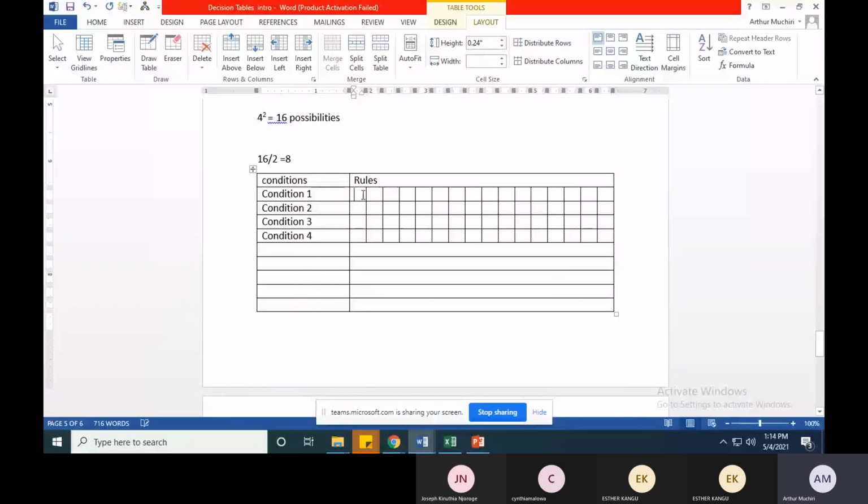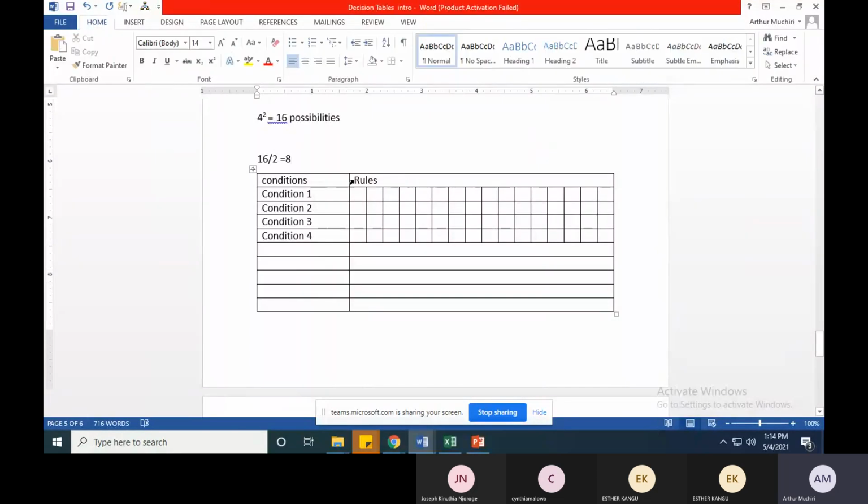So the first row is going to have yeses. How many yeses? Yes, yes, yes, yes, yes, yes, yes. How many are these? 1, 2, 3, 4, 5, 6, 7. We need another one.